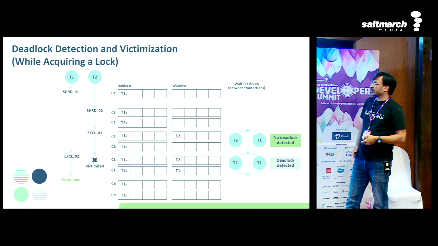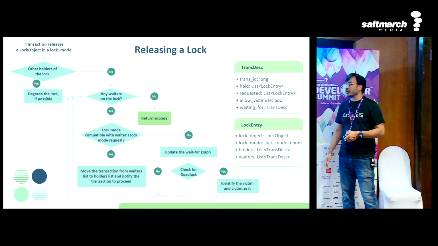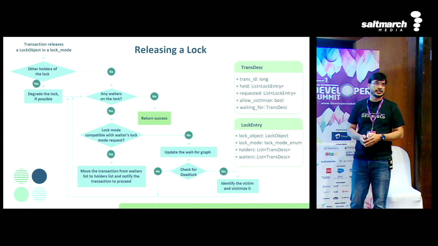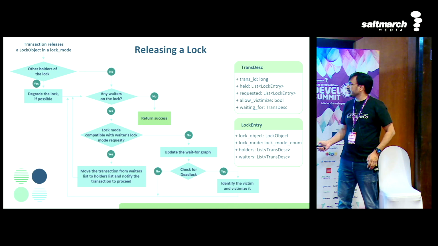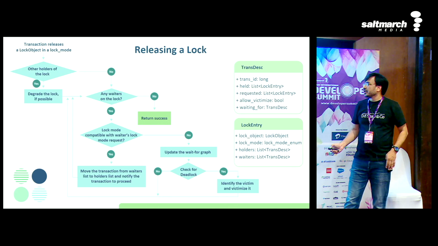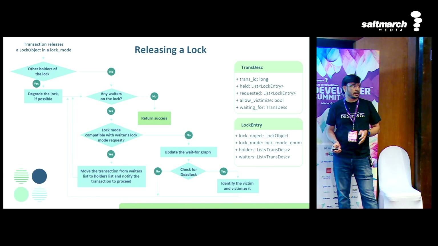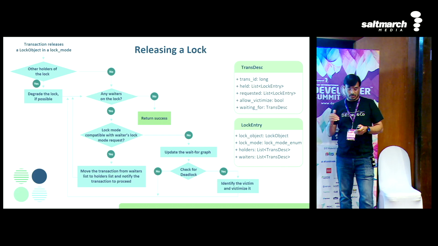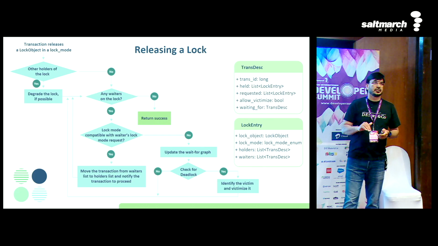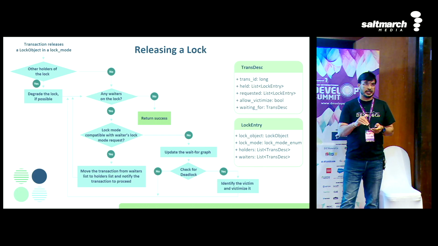Similar to acquiring the lock, let's see what happens during releasing a lock. Now, whenever a transaction releases a lock, we need to check whether there are any other holders of the lock. If there are other holders, then it is possible that now that we are releasing the lock, the mode in which the object is locked can be degraded.